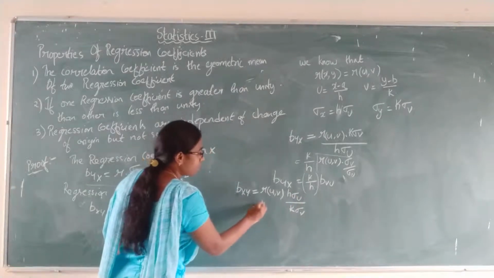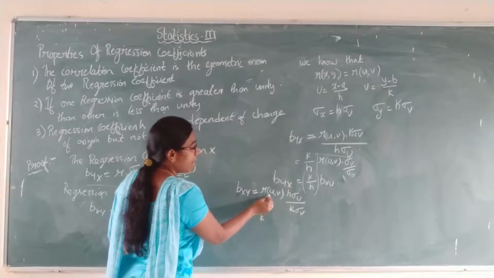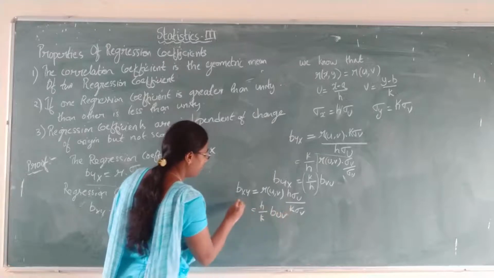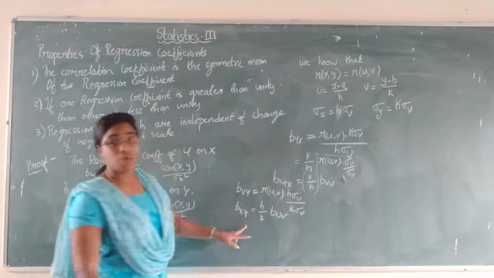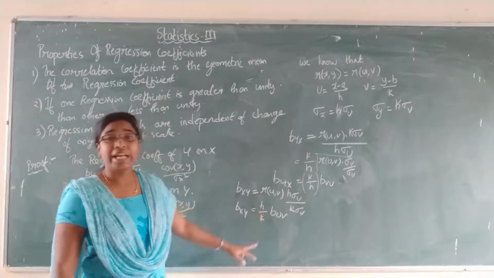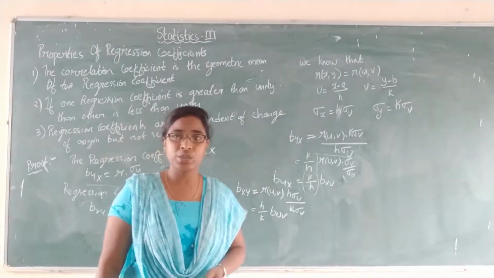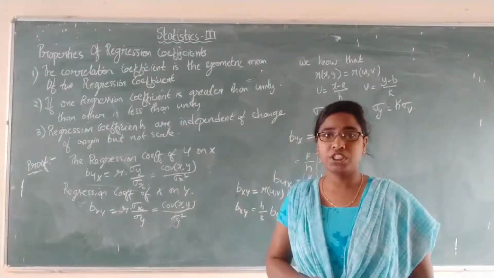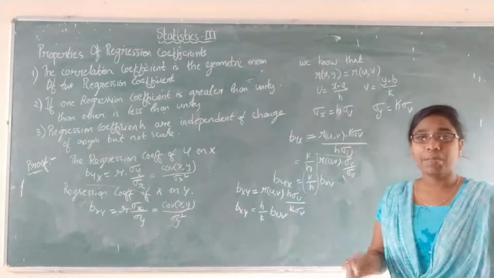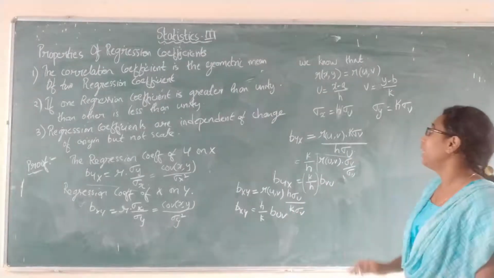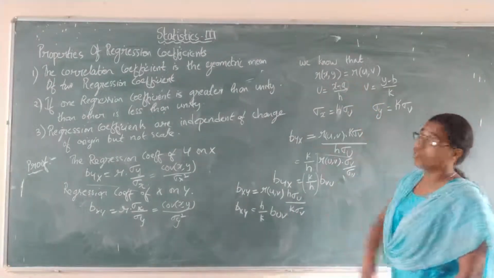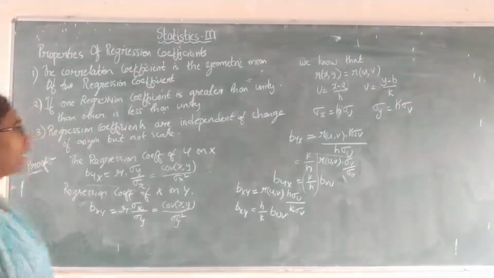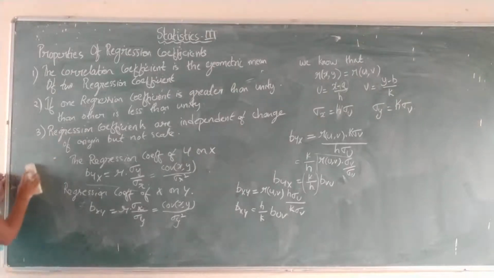So if you observe, k by h is constant, r into sigma u by sigma v can be written as b_uv. So b_xy is also dependent on the k and h values. What are k and h values? They are the scales. So always the regression coefficients are dependent on the scale. They are only independent of the change of origins, but not of scale. So this is the third property.